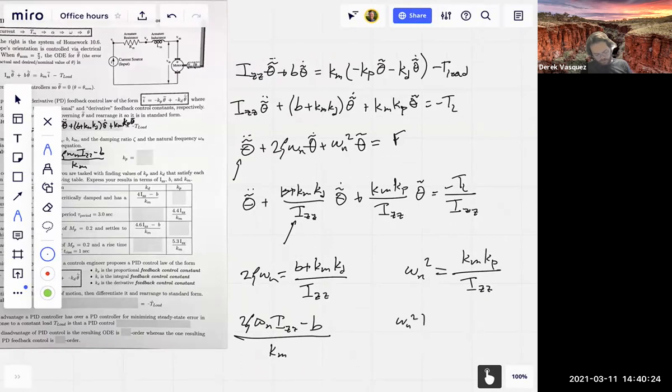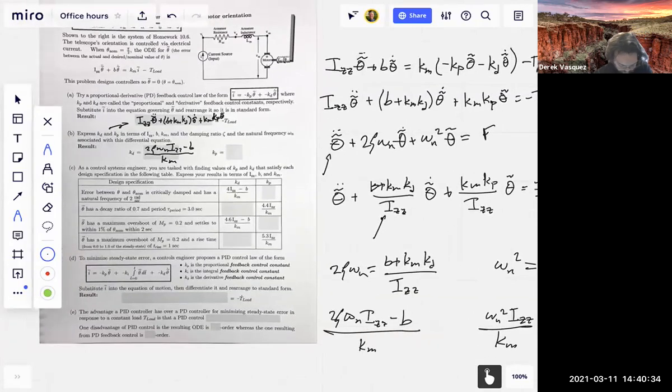So omega n squared IZZ divided by Km equals Kp. So omega n squared IZZ over Km. Okay. Questions about that?